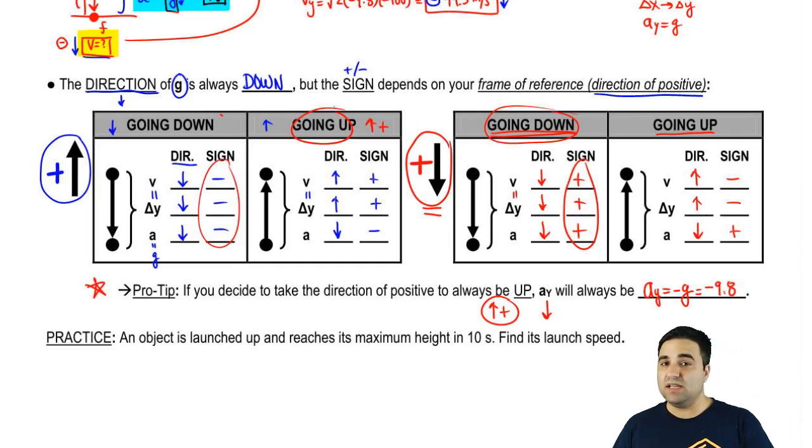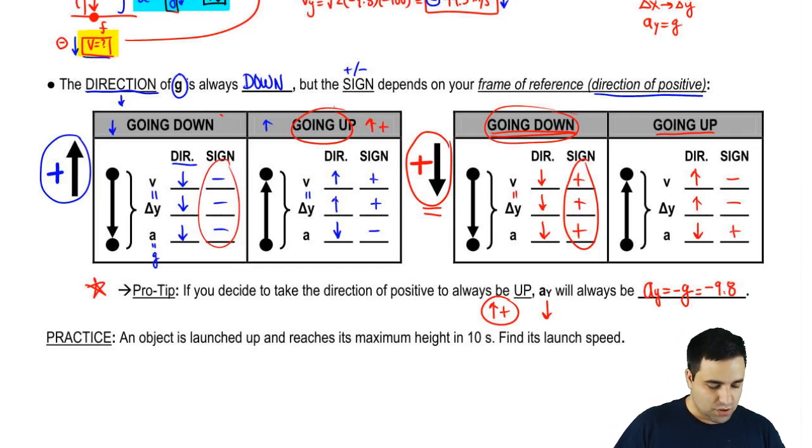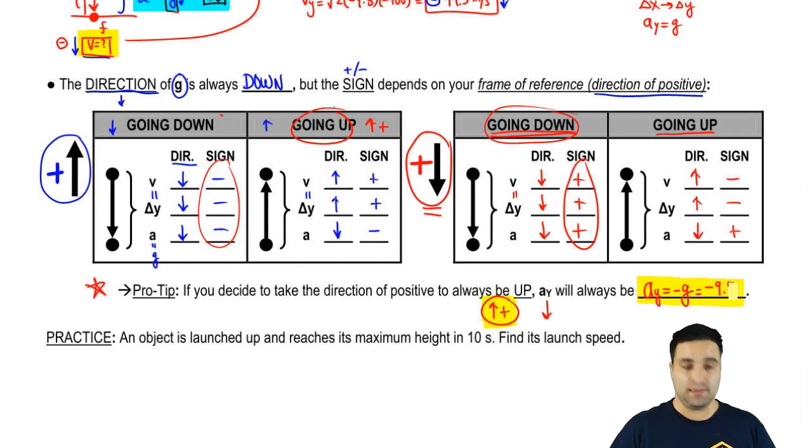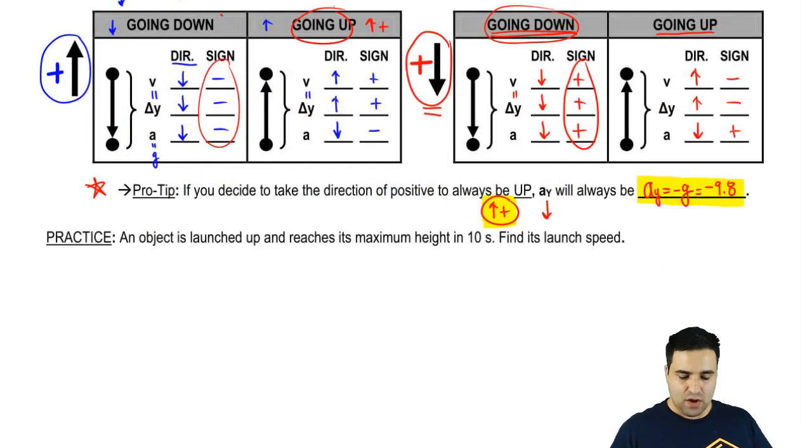Again, it's not that G is negative 9.8. G is 9.8, but AY is negative G. So, long story short, if you stick to this, your AY will always be negative 9.8. And that's what I'm going to do for all these problems, so I have a consistent way of solving this. All right? So now I want you guys to try this practice problem, and let's see if you can get it.